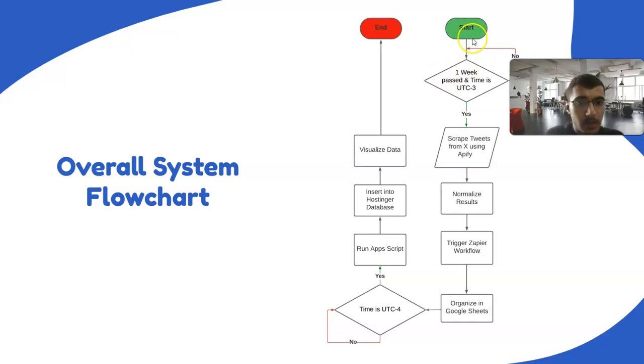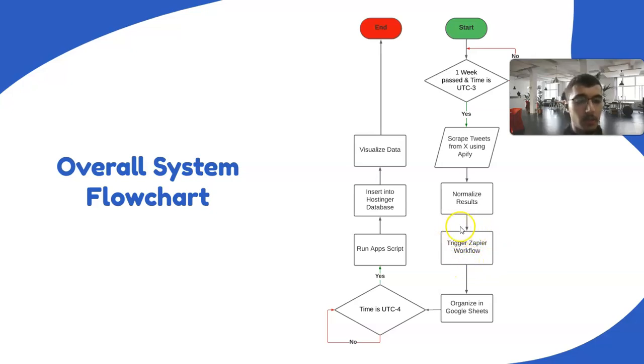Once this is true, it will scrape the information from Twitter and then normalize it, because some fields are not properly formatted to be used in our database. So Apify handles the normalization of certain fields, for example the dates, making sure that all dates have the same format, which then triggers the workflow automation tool, Zapier.